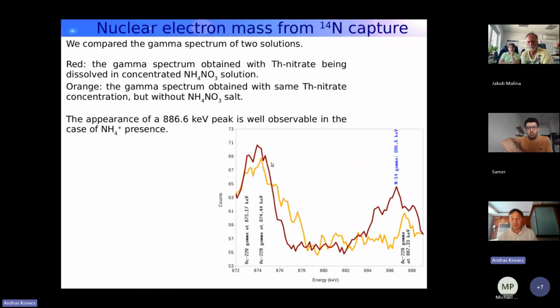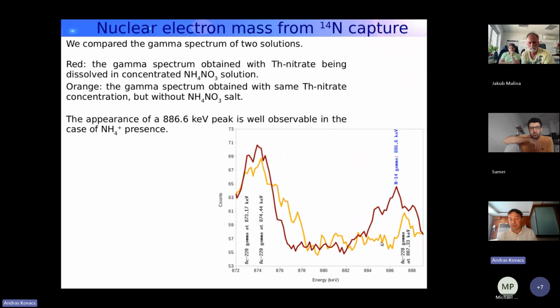But I go to the main point. The main point of the experiment was that I prepared two solutions. One was a concentrated solution of ammonium nitrate together with thorium nitrate. The other solution did not contain any ammonium nitrate. The solution that has the ammonium nitrate is this red curve.